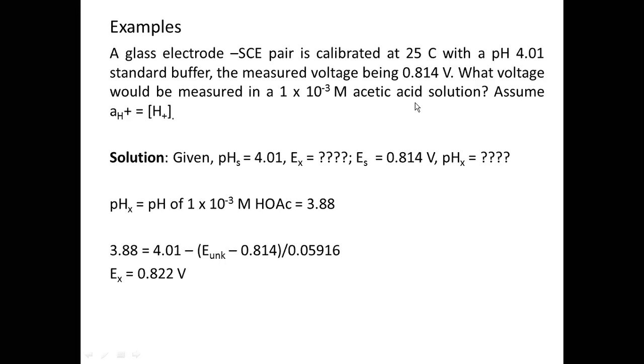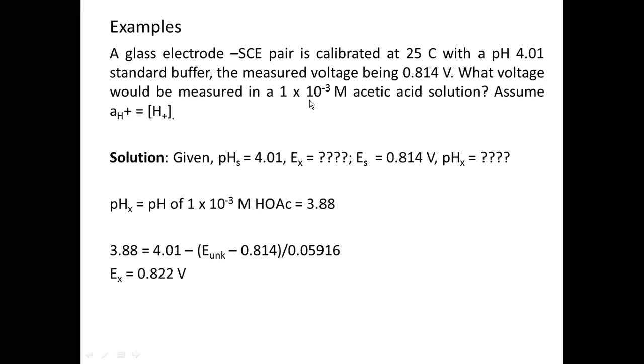By using that expression, Ka is equal to the concentration of acetate times the concentration of H3O plus divided by the acetic acid concentration. So the H3O plus concentration is equal to Ka times the acetic acid concentration divided by the acetate ion concentration. If you use the principles of the law of mass action and calculate the H3O plus concentration, by means of that you can calculate the pH.